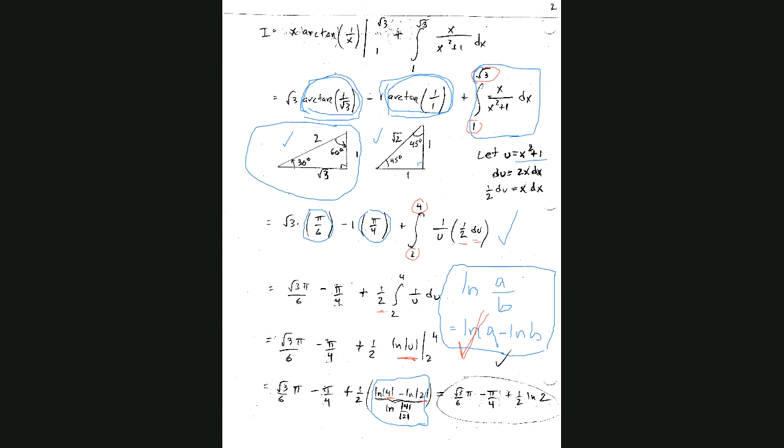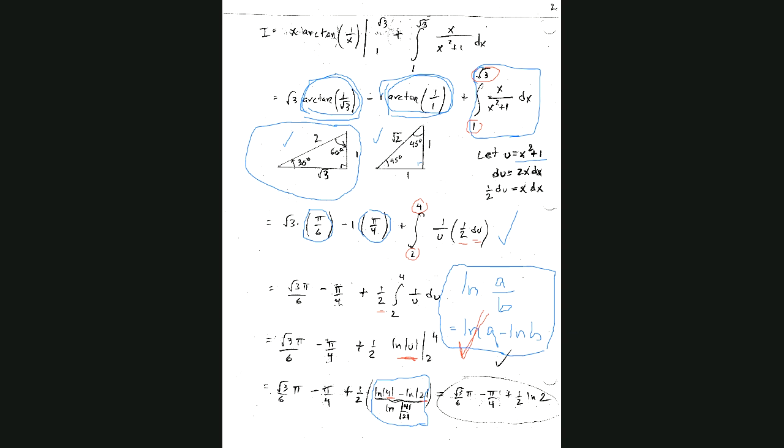That's right. Thank you, Felicity. The log of a quotient is equal to the log of the numerator minus the log of the denominator. Does that ring a bell for you? Thank you, Tina, Eric, Michael, Felicity.